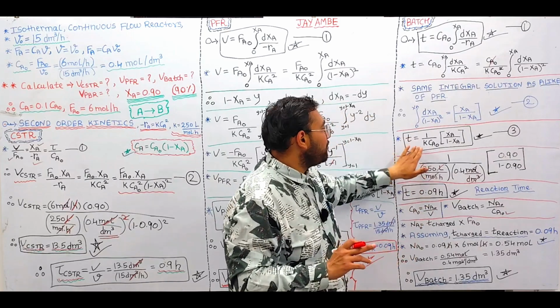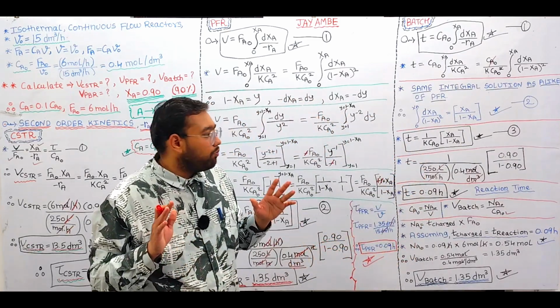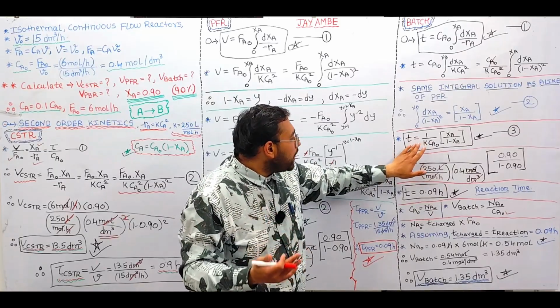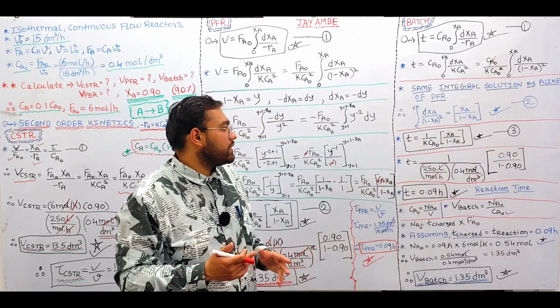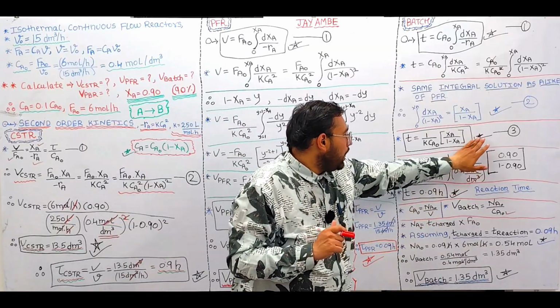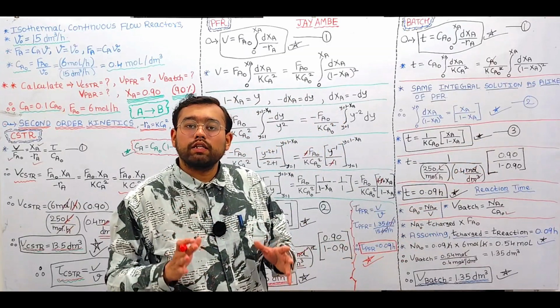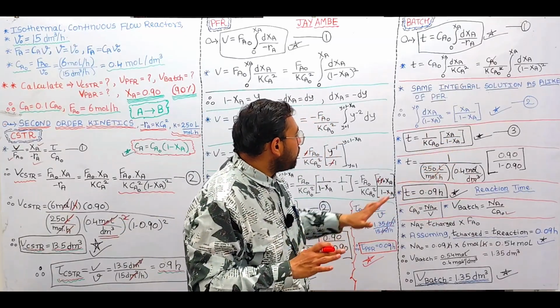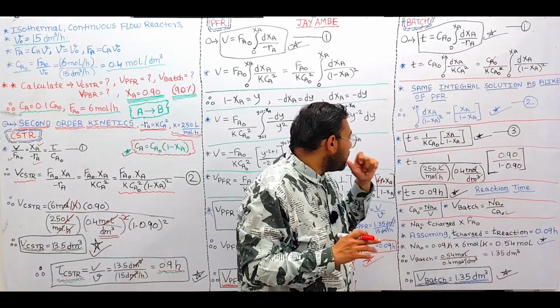Here we have derived the reaction time equation. By using equation 3, now we can calculate the reaction time required in order to achieve the desired conversion. We have all the values, just substitute them here.